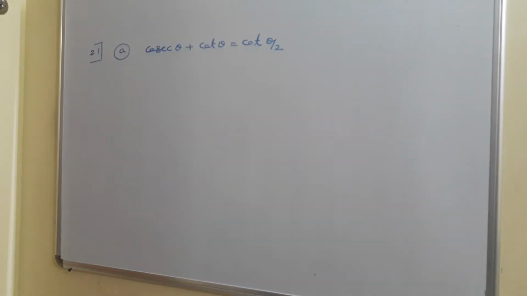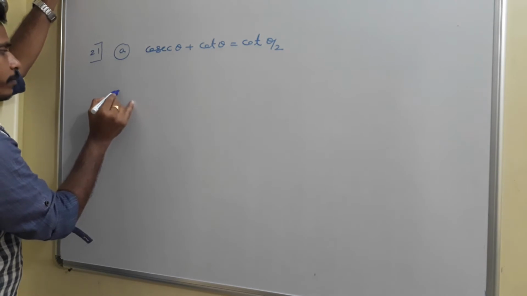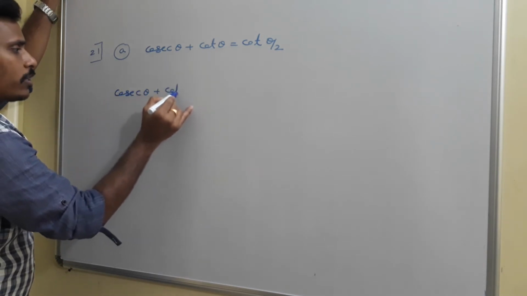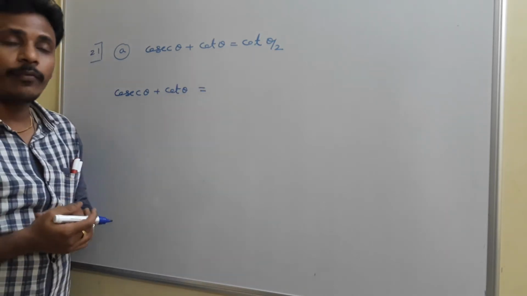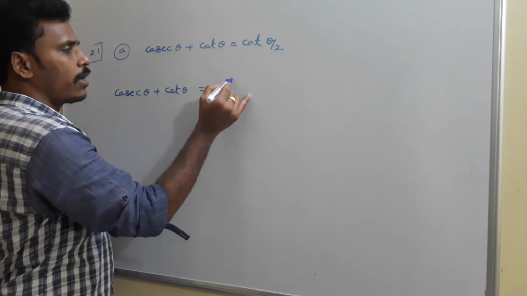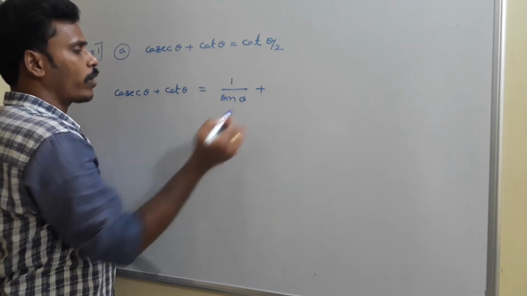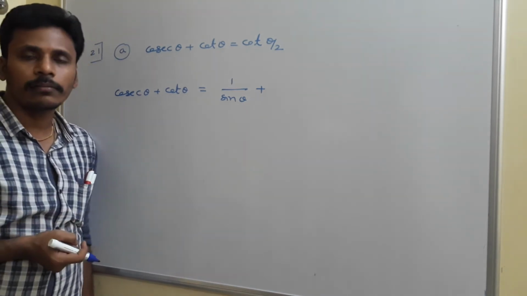Yeah, it is cosecant theta plus cot theta. You just start with the left side, cosecant theta plus cot theta, and that is equal to... I will write this cosecant theta, as everybody knows, as 1 by sin theta. And the second thing is cot theta.